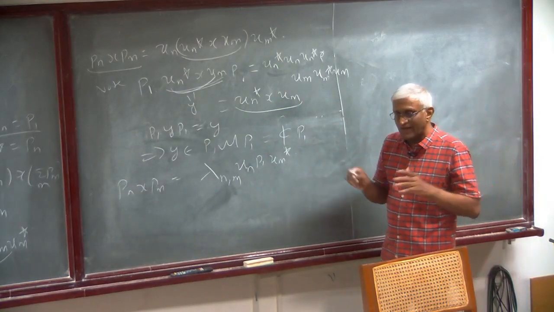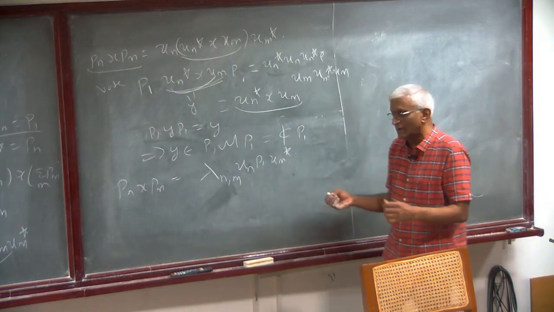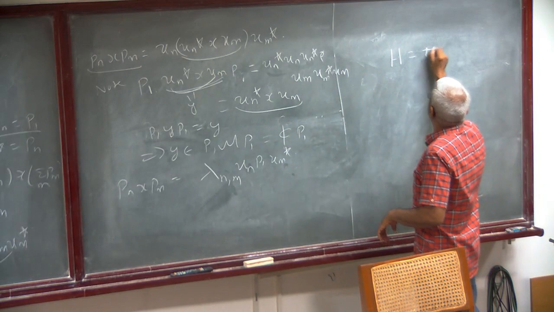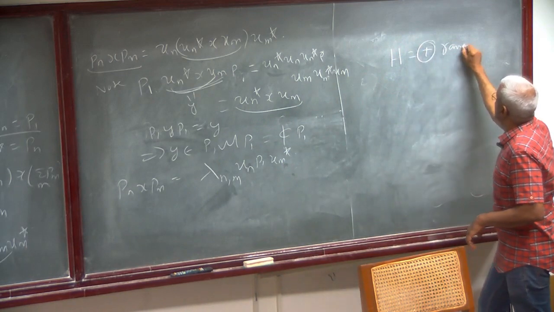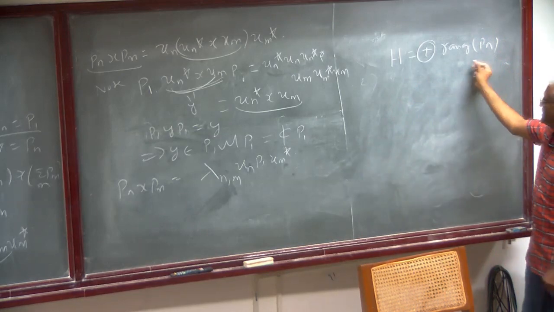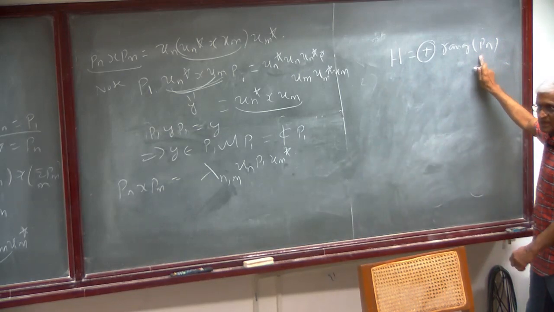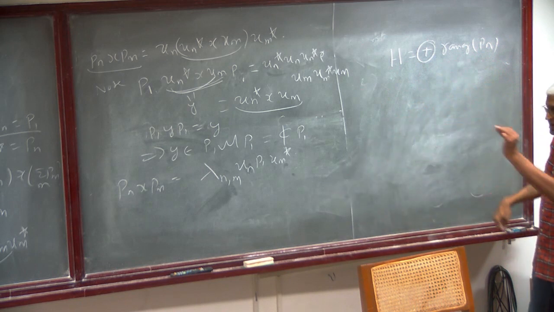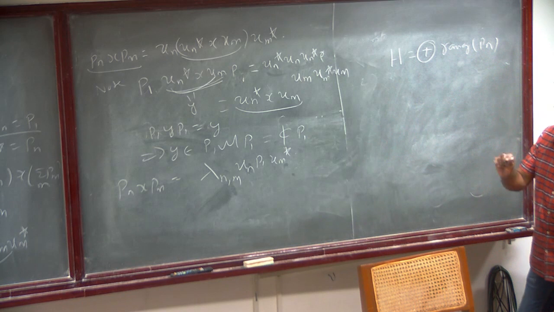What it does is the following. This is just notation. If you have H, which is the direct sum of ranges of Pn, because summation Pn equals 1, so H is the range of P. How does our operator X act on this? Our operator is in M, which is a type 1 factor.